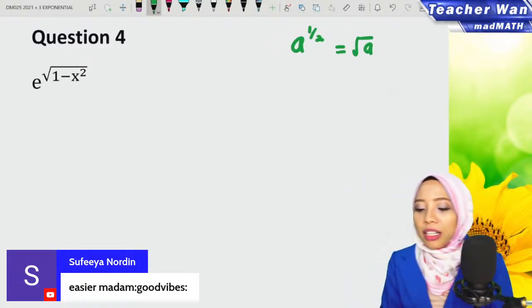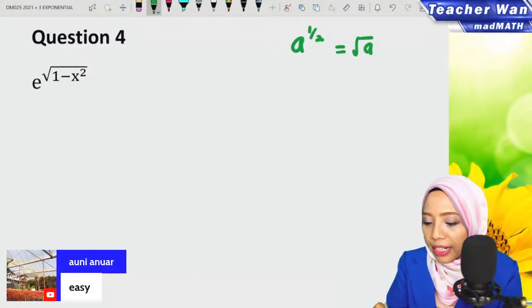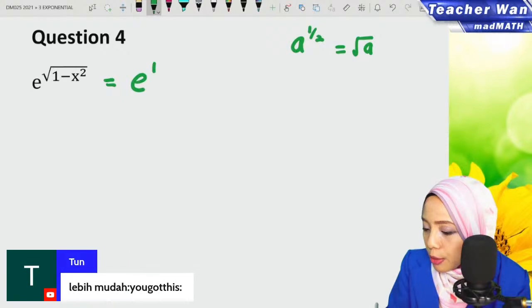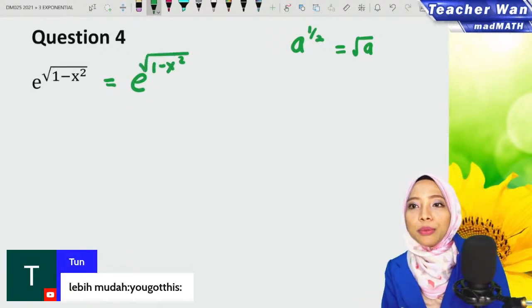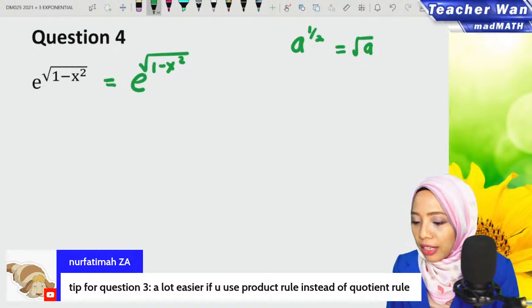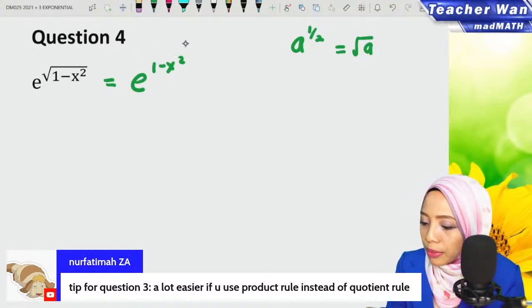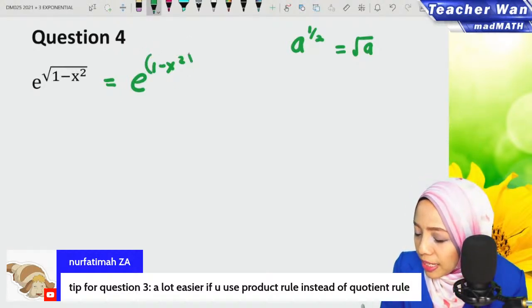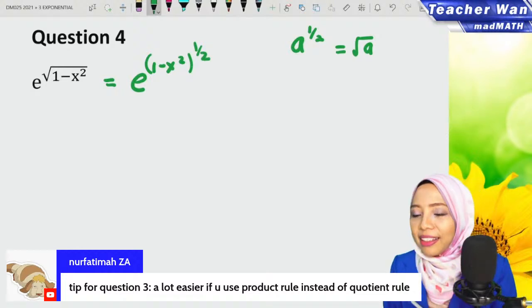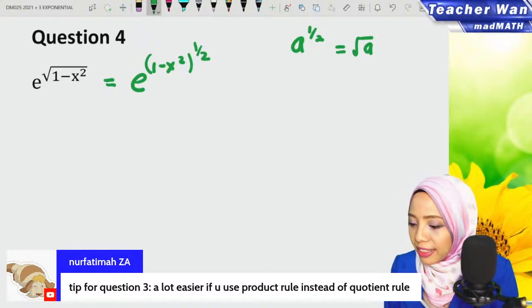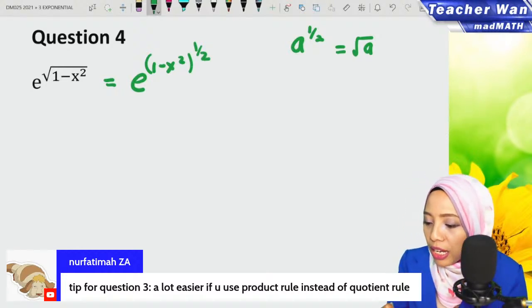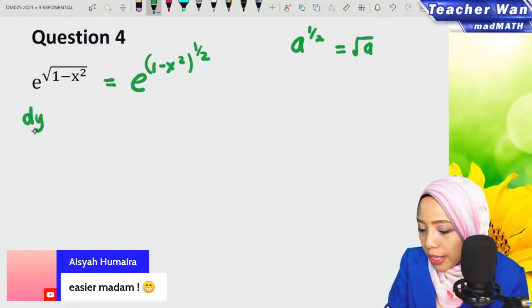So if square root, we can write it as e to the power of square root of 1 minus x square. Macam tu. Okay, so now dy over dx.